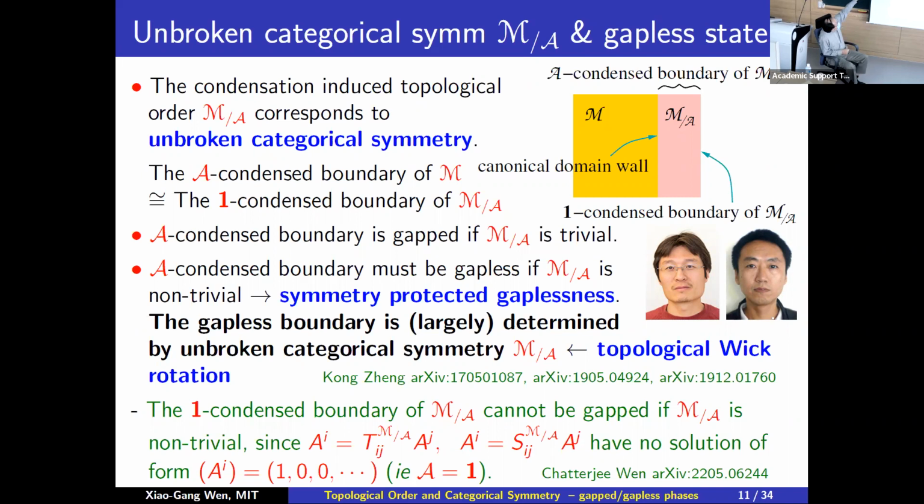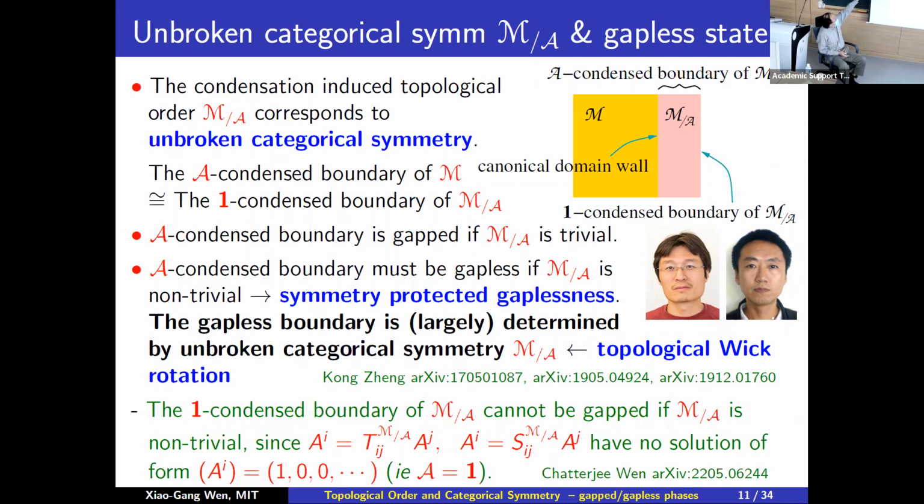And this trivial condensed boundary for M/A, and this composite structure can be viewed as an A condensed boundary of M. So an A condensed boundary of M through this domain wall can be viewed as a trivial condensed boundary of M/A. Why is this convenient? Because this domain wall is a gapped domain wall.